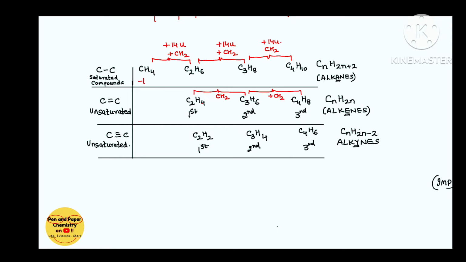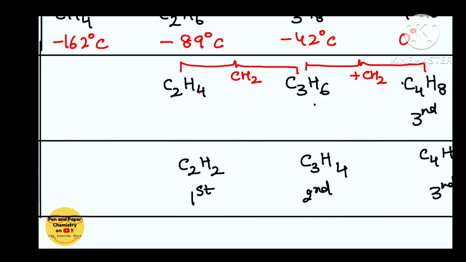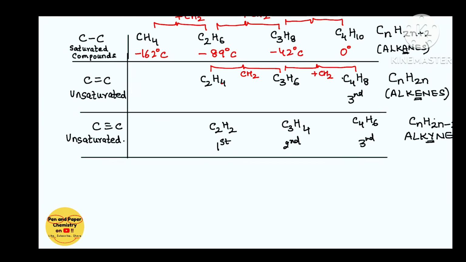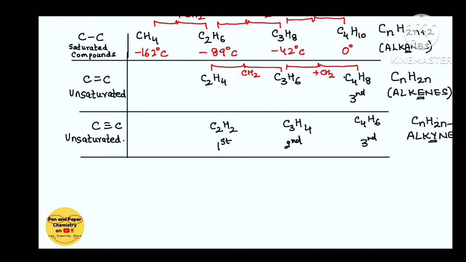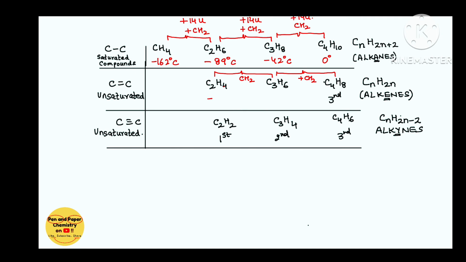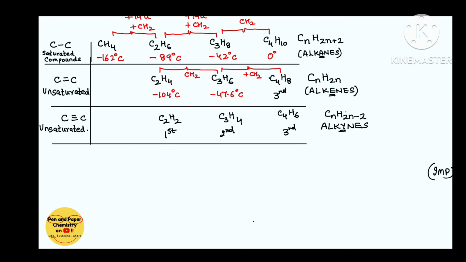So methane is negative 162 degrees Celsius. You don't have to memorize this data. You will use this data to organize our learning, to base our learning on observation and moving by logic rather than just rote learning. So C2H4 has a boiling point of around negative 104 degrees Celsius. And this is negative 47.6. Yes, I have not memorized it.